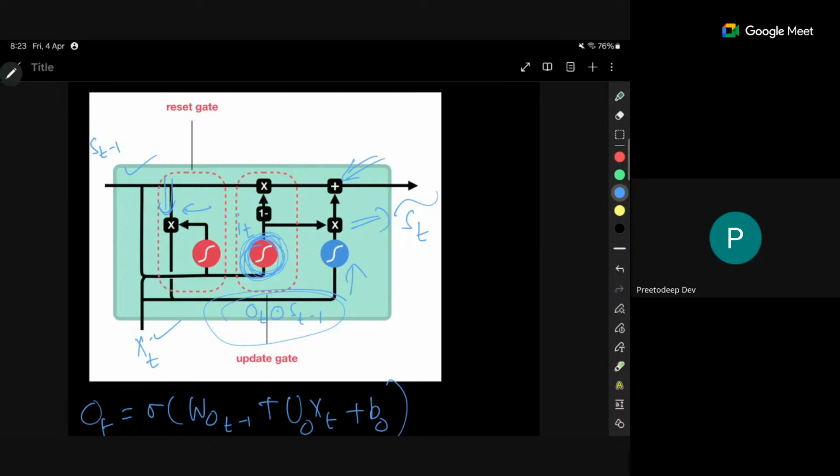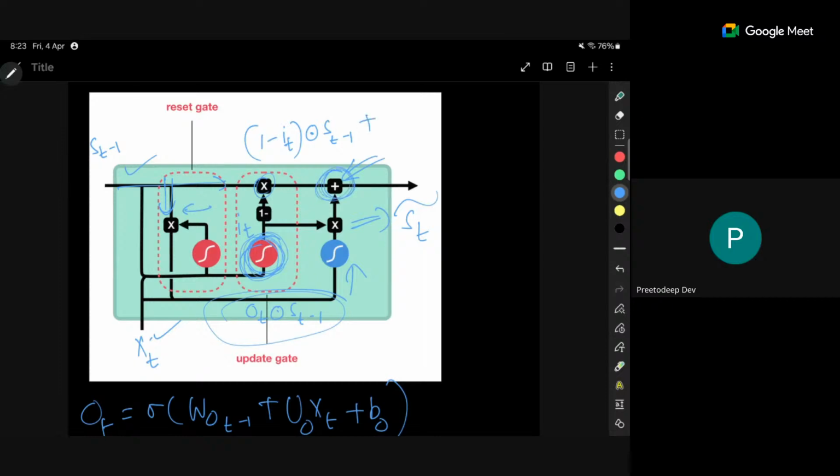So what you got from here is one minus IT, and that you are multiplying here. Due to this multiplication, you are multiplying with ST minus one, which is coming here. So these two will get multiplied, and then you'll do addition.